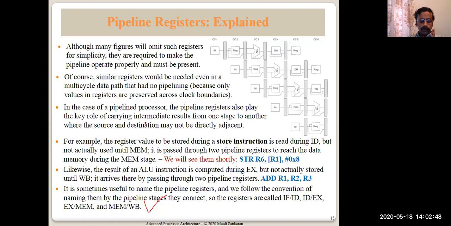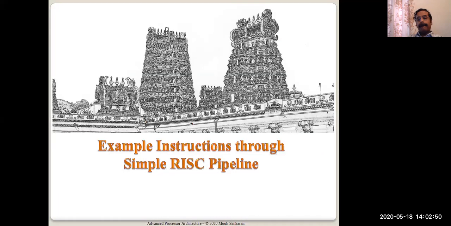Okay, one more. Now how much time has elapsed? Already 1 hour over. Should I stop here or show you one instruction and then stop? I will only demonstrate one instruction and then stop so that you get some idea.